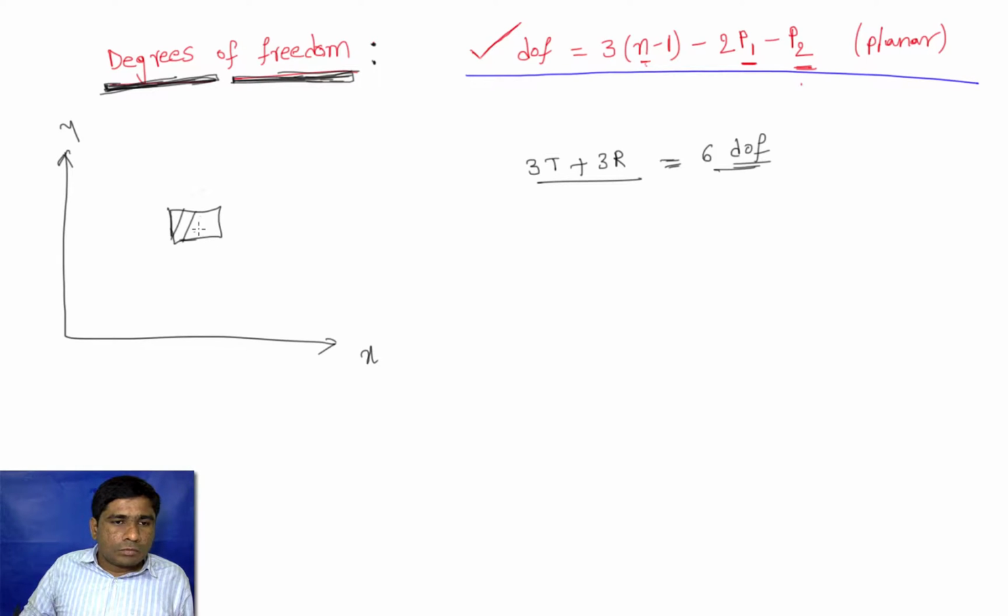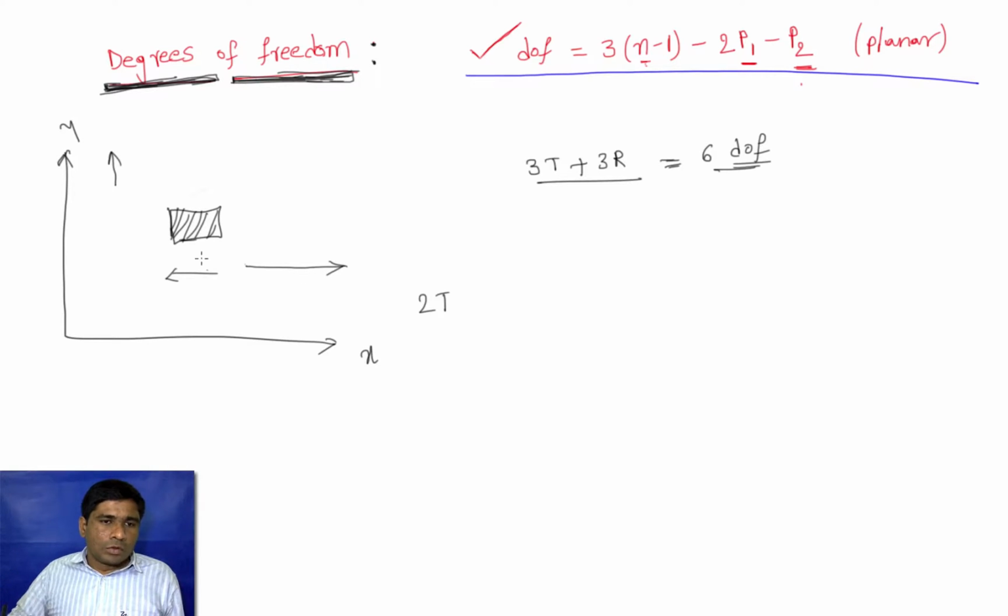This is some rigid body, and it can translate along the x-axis, in this direction or in this direction without any constraint, and it can translate along the y-axis. So it has two translational motions, because here the z-axis is missing, it cannot translate or go out of the plane.